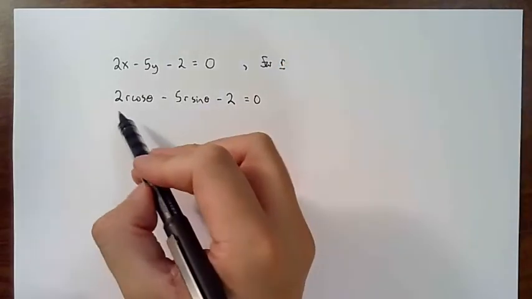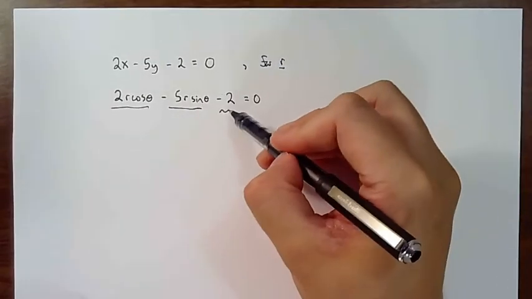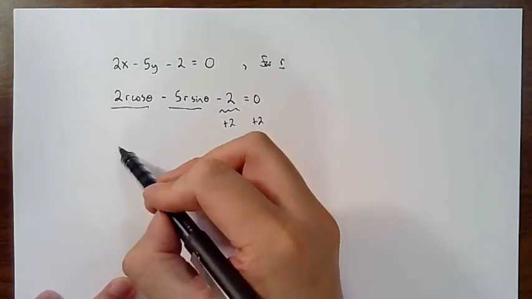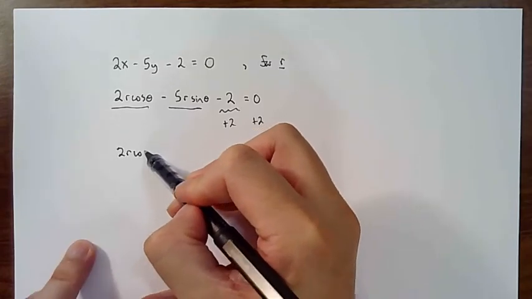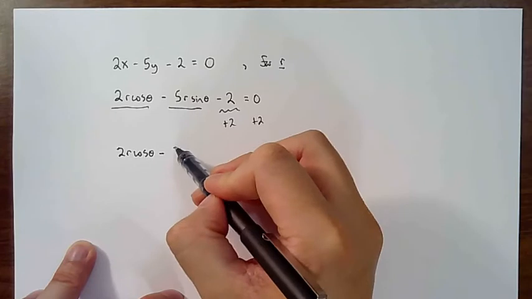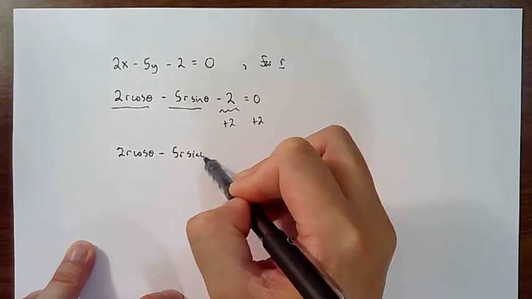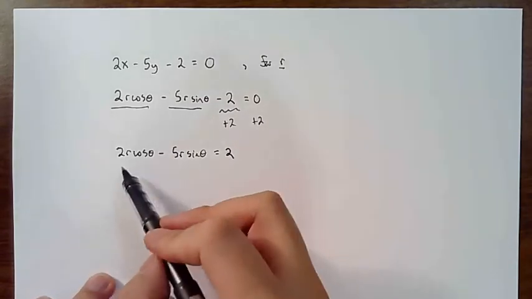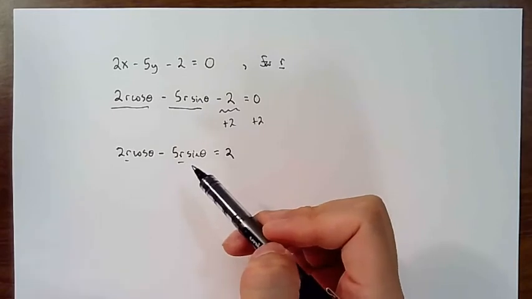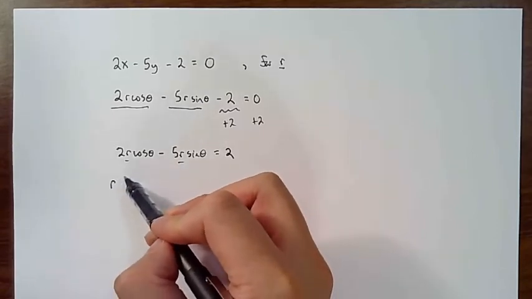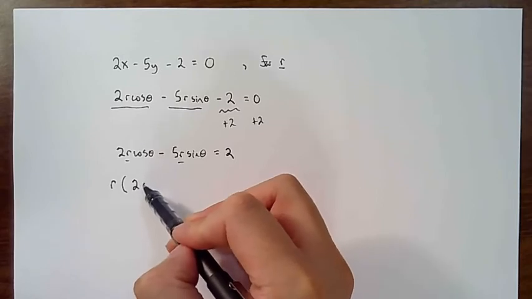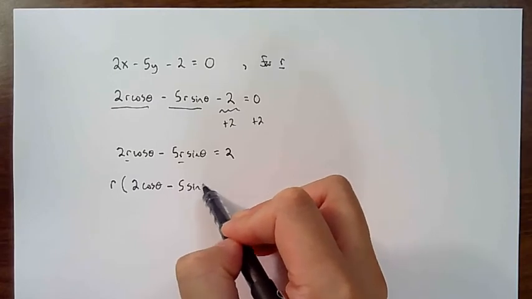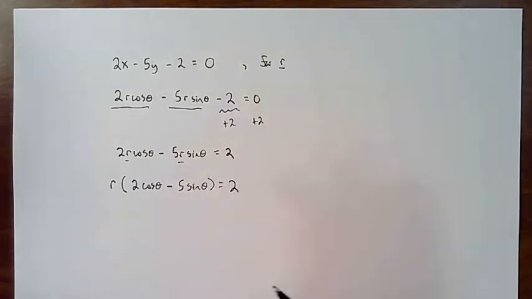All right, so if we look, these two terms have r's, but this term doesn't, so we need to get this to the other side. So we'll add 2. So we're left with 2r cosine theta minus 5r sine theta is equal to 2. All right, now there's an r in common to both of these terms on the left-hand side, so we can factor that out, r. Then we'll have 2 cos theta minus 5 sine theta, and this is equal to 2.